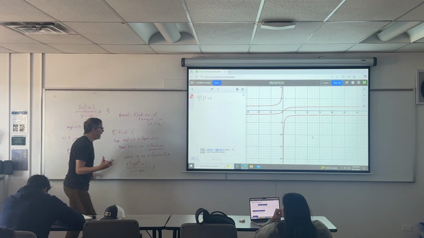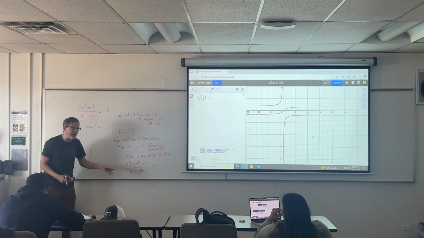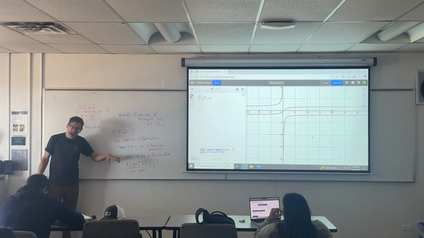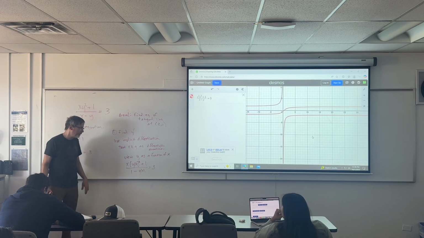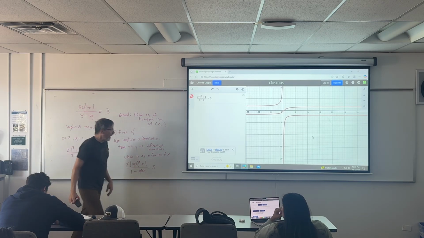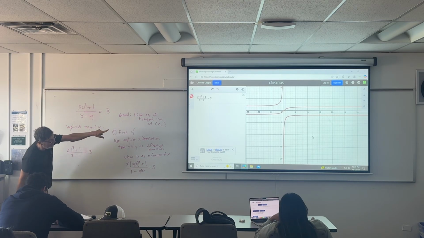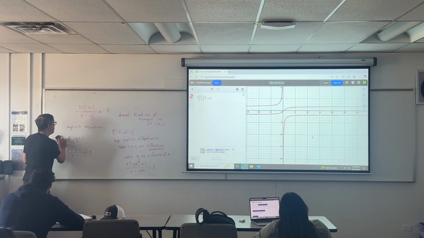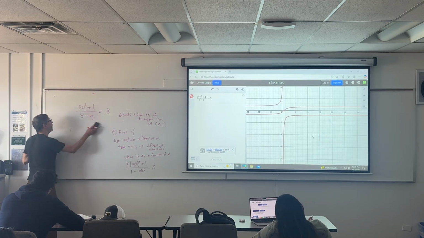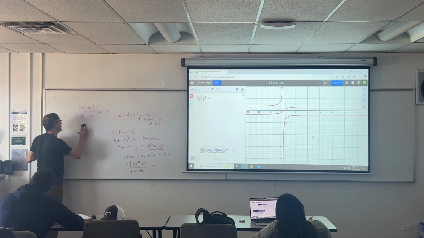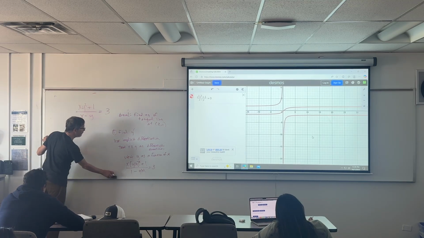I'm imagining that some way I could think of y as a thing that depends on x. And it does, because if I tell you what x is, you can find a y value. You might be able to find several, and you can see that that's true. But we can restrict ourselves and think, let's just worry about one of the values that's coming out.